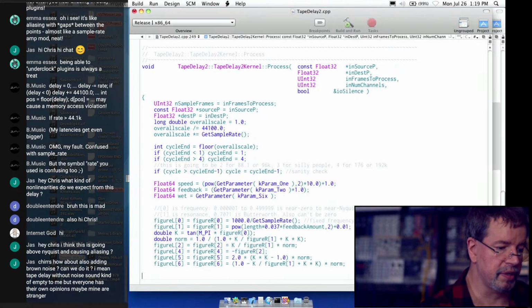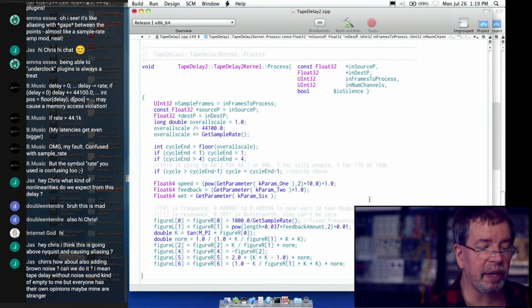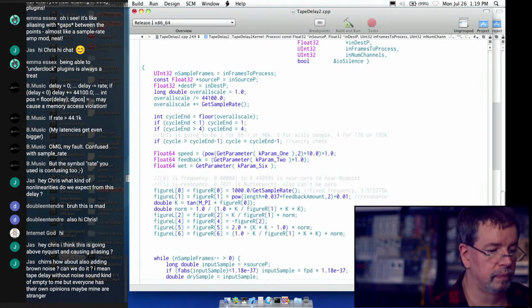I'm going to throw that in the same place, but we're going to make it adjustable later. Oh, why it says feedback amount. None of that relates to anything.